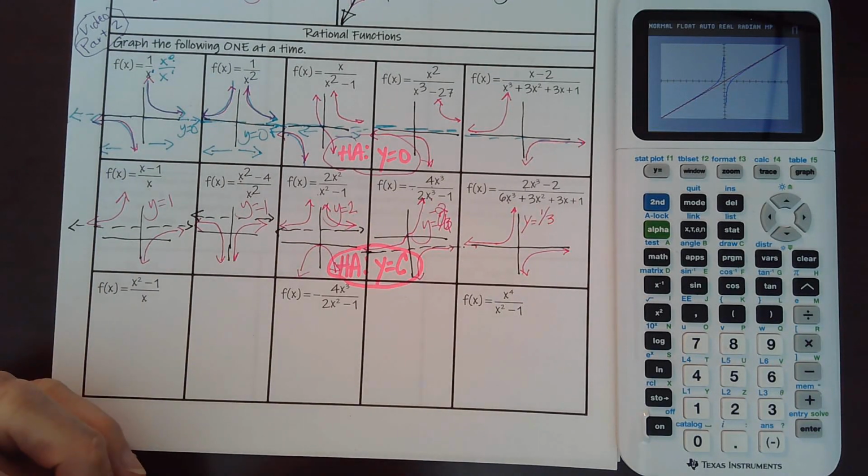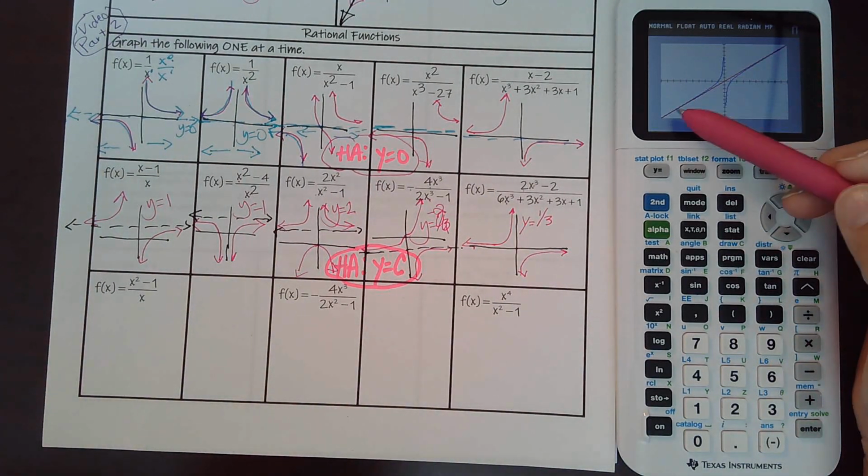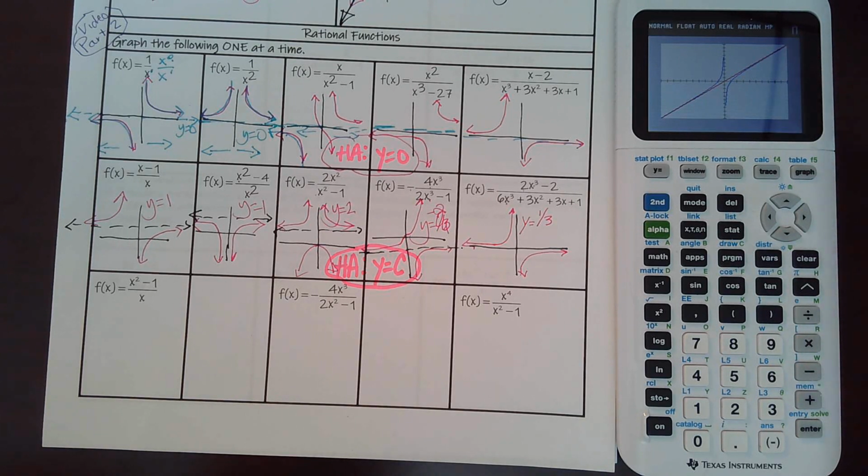Notice that the oblique asymptote is a line. This graph is a line. It's just not a horizontal line. But again, this is a way that we can determine the end behavior of a function as you look at the graph moving away from the origin in the negative x direction.